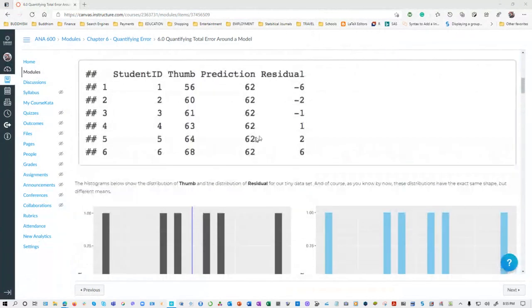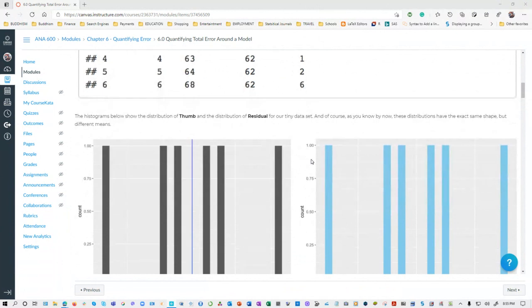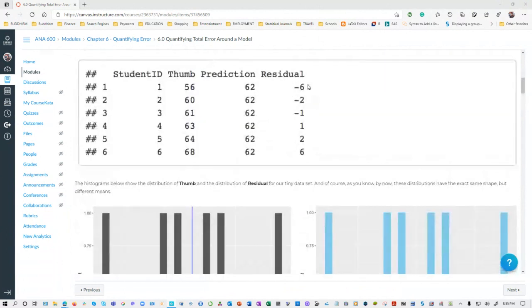If you go to this data point, you get the difference and take the absolute value, 6. The difference is negative, but you take the absolute value. That's called the absolute residual. If you want, you can create another column and call it abs residual. The values become 1, 1, 2, 6, and then you add them up: 6 plus 2 is 8, 8 plus 1 is 9.